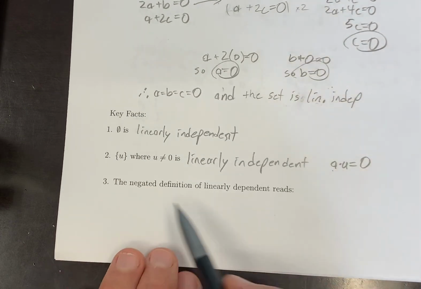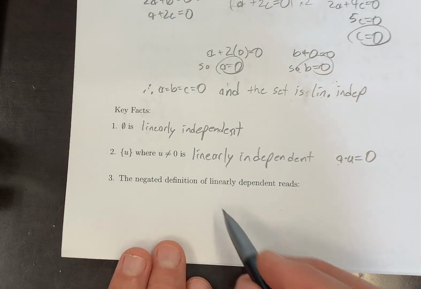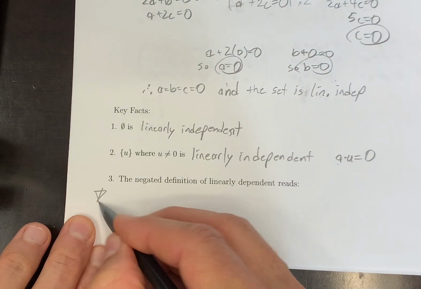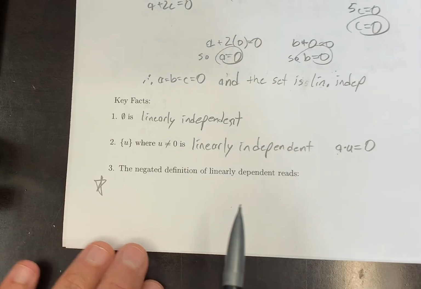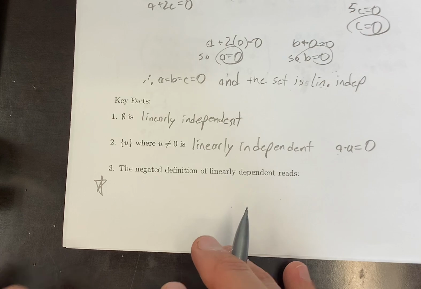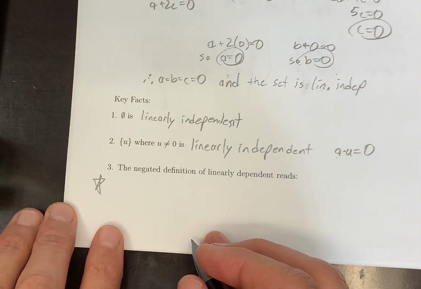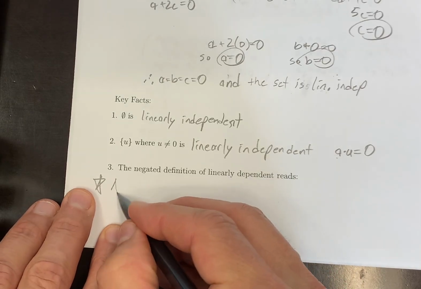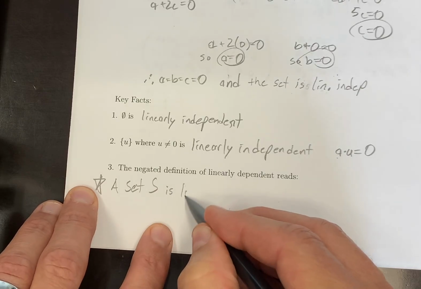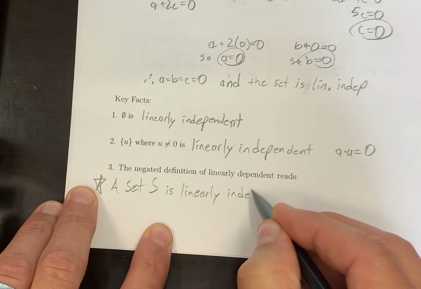And finally, think about the negated definition of linearly dependent. Okay, this is significant, probably the most significant thing on here, because in fact, we don't usually use the fact that linearly independent is just not linearly dependent. We usually negate the definition. So a set S is linearly independent.